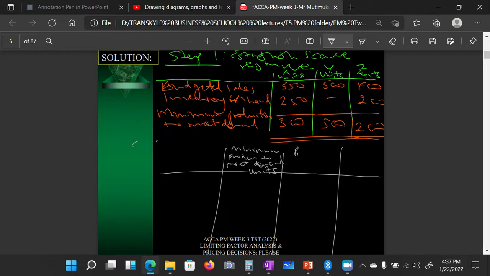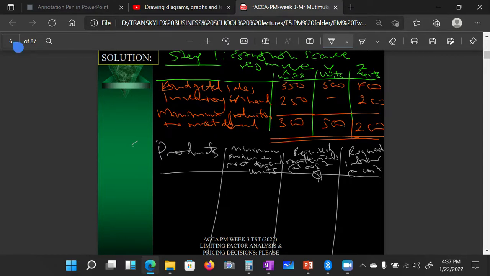Then the required materials for this minimum production, required materials at cost, obviously to be in dollars. And then required labor at cost. And here we need to put the products.